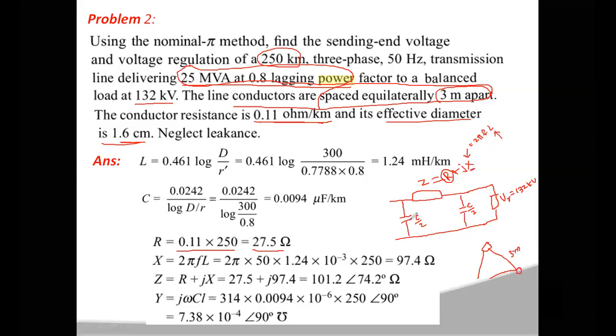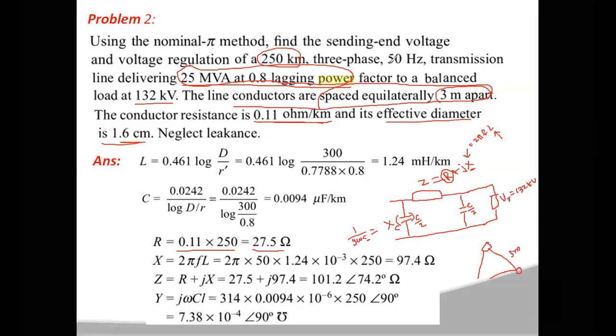Similarly, the capacitive reactance Xc is also not given. Xc is nothing but 1 by j omega C, where omega is again 2 pi f, and the C value is also not given. So you have to calculate the capacitance value as well as the inductance value from the given data.